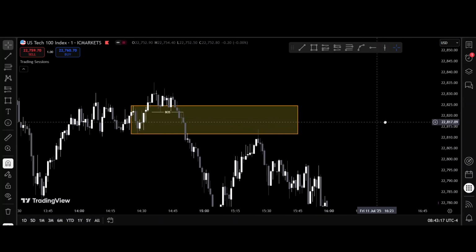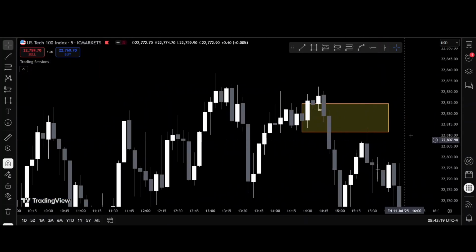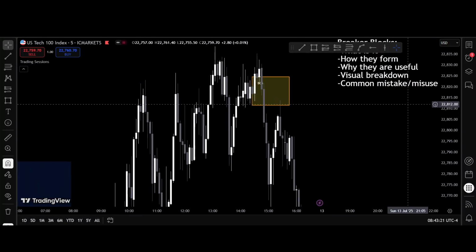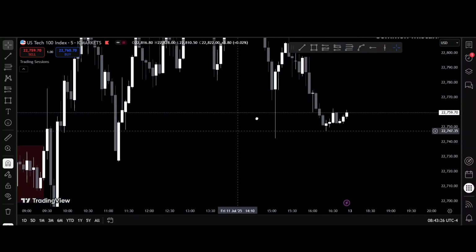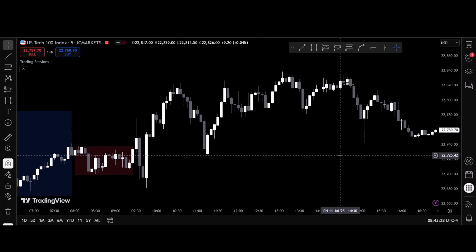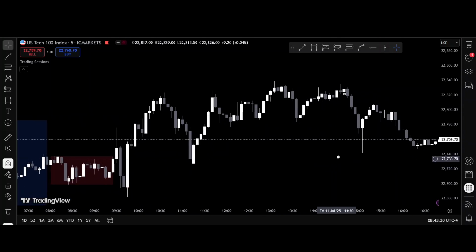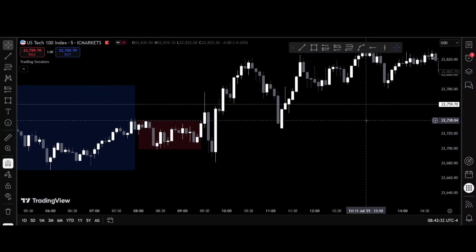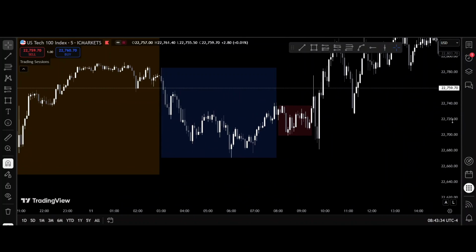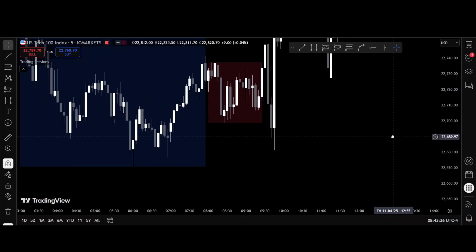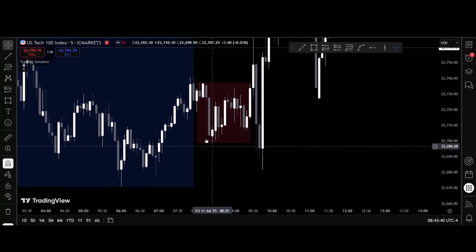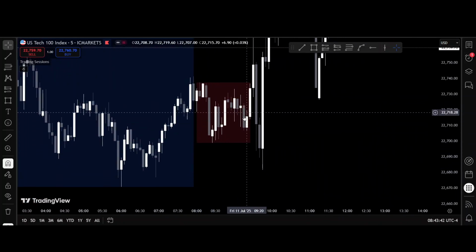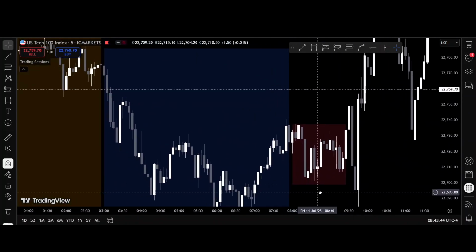So instead, forget about the instead, bro. This is your breaker block. Now, as you can see, let's see if we do have a bullish example. Bullish example.